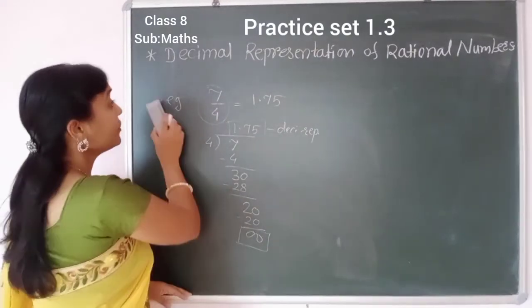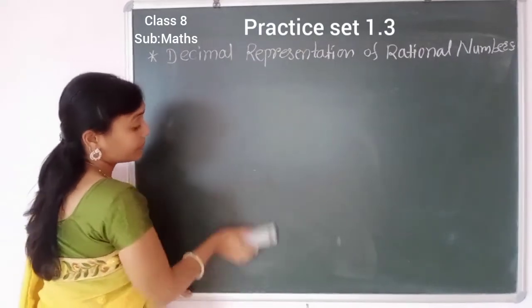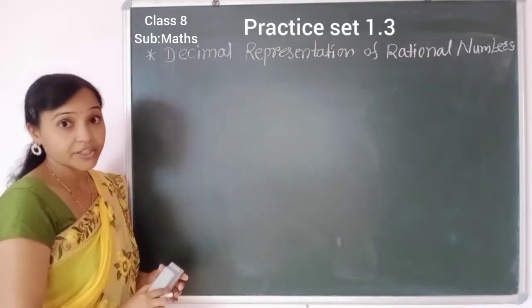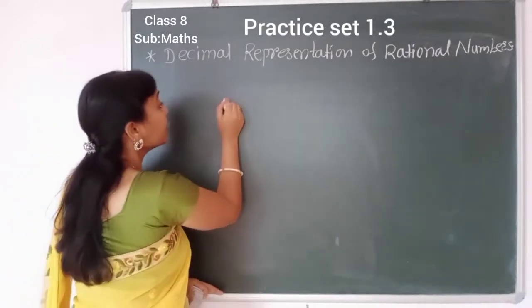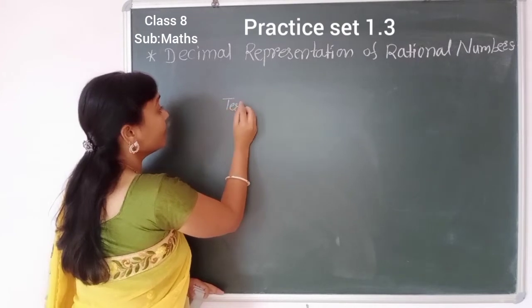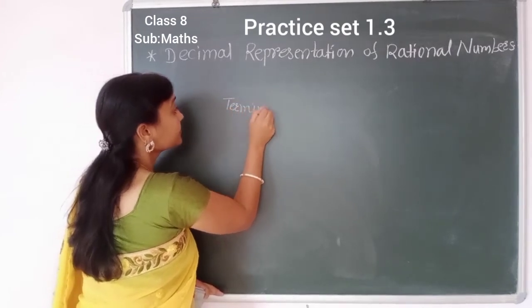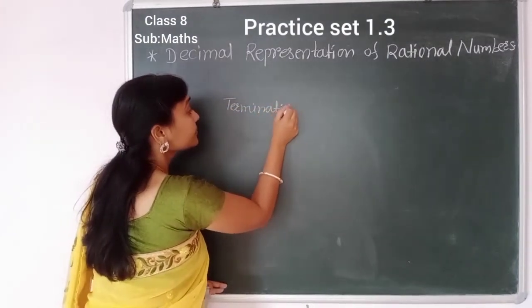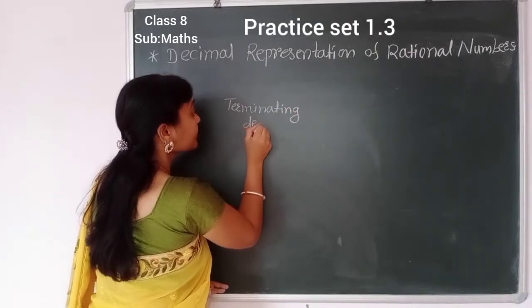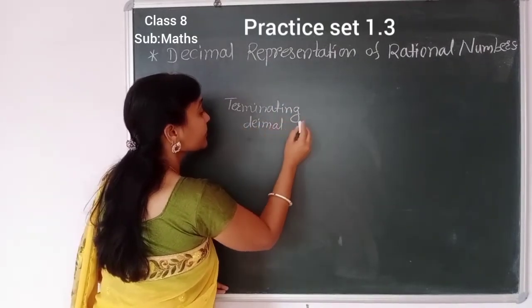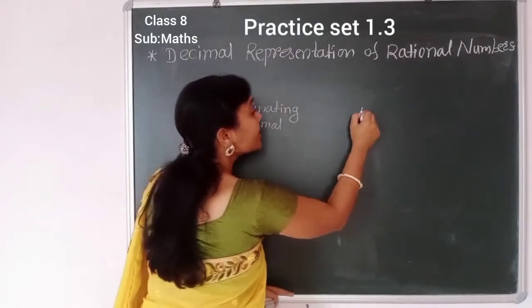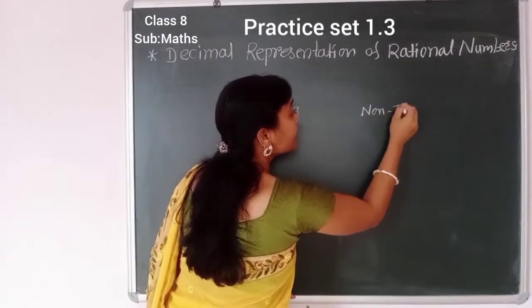Next, we have two types of decimal representation of rational numbers. One is the terminating decimal form, and another one is the non-terminating decimal form.